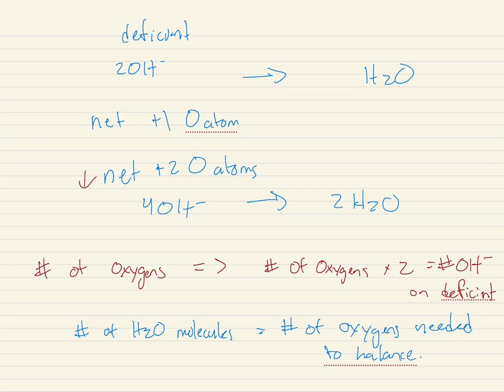In the first reaction, we only needed 1 oxygen to balance the reaction, so we only added 1 water molecule. In the second one, we needed 2 oxygens, so we added 2 water molecules. Whatever we do to the other side, the side that needs oxygen, we have to multiply by 2 the number of added hydroxide ions.